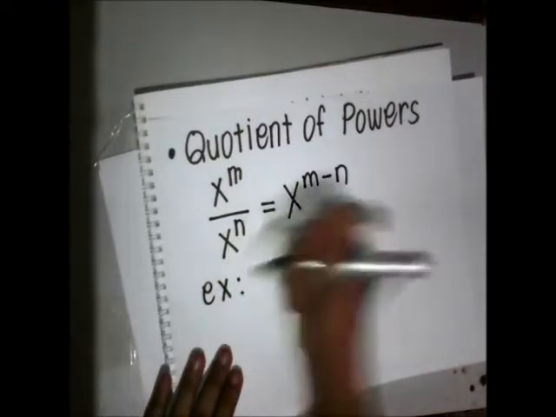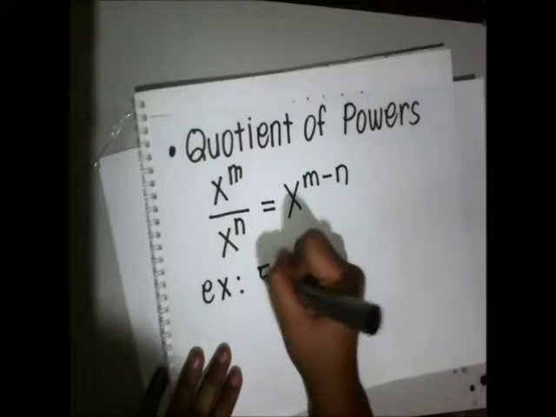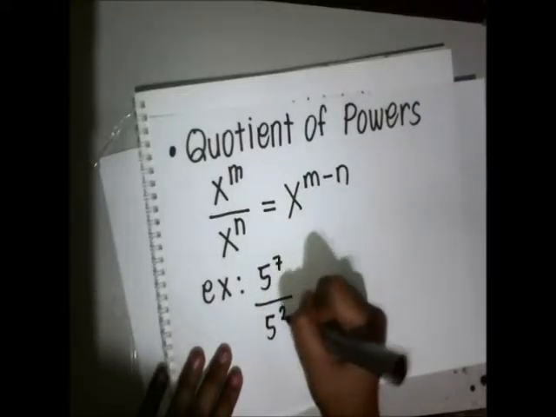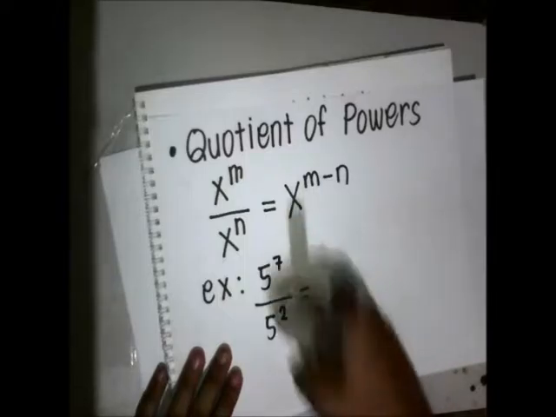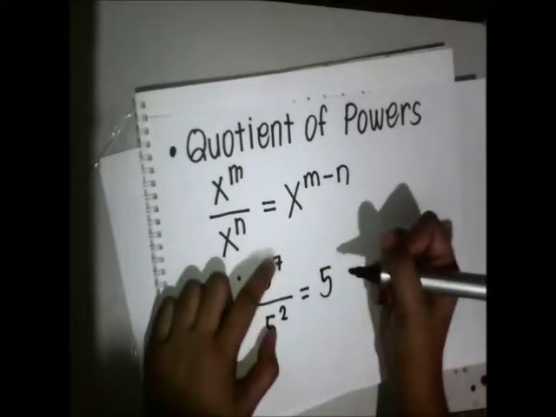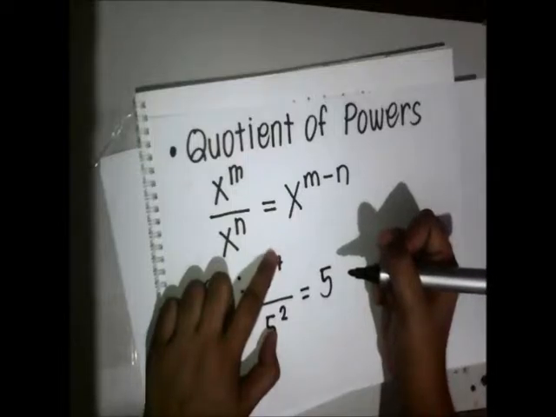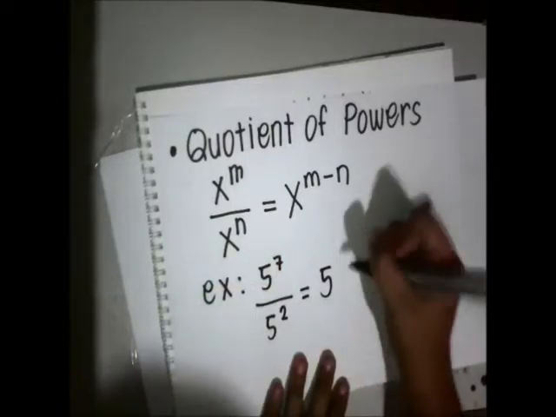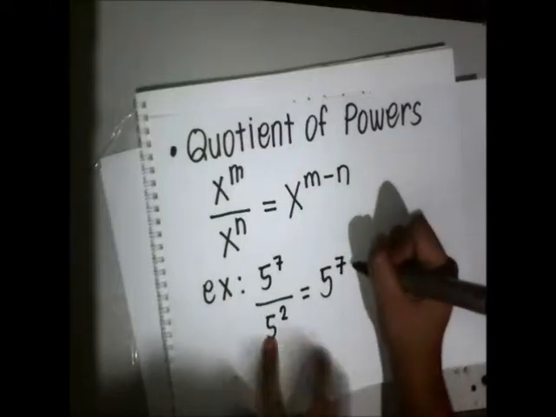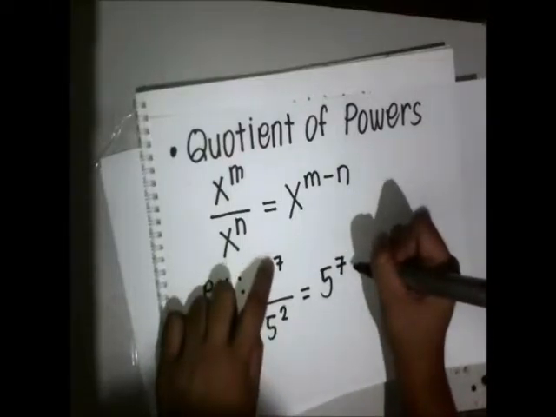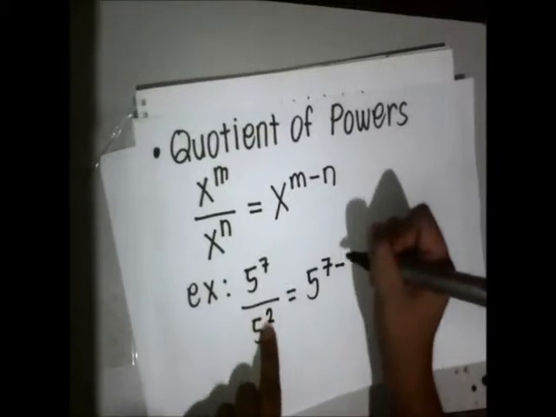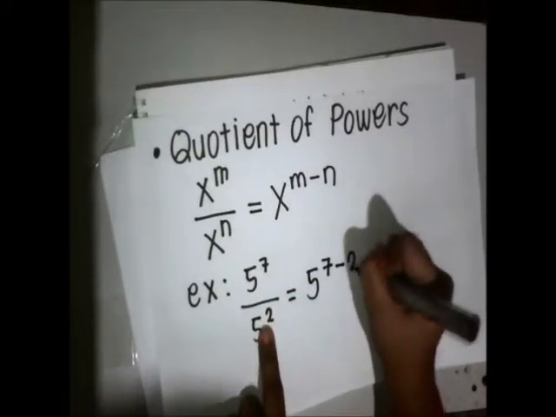We have here an example. 5 raised to 7 over 5 raised to 2. First, you copy the base, 5, and subtract the exponent of the denominator from the exponent of the numerator. So the exponent of the numerator is 7, and the exponent of the denominator is 2.